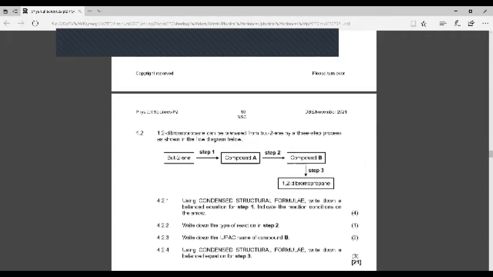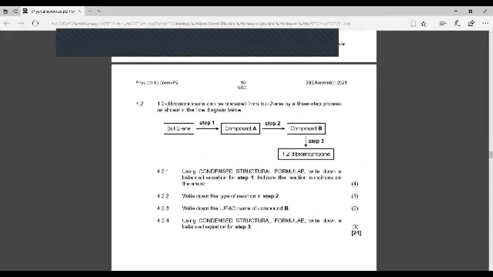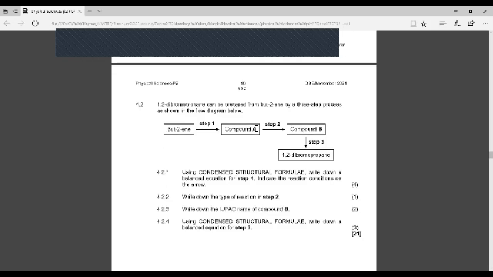Then you've got this one, butene, compound A, compound B, and whatnot. It can be prepared from butene by a three-step process. Using condensed formulas, write down the balanced equation for step 1, indicating the reaction condition with the arrow. They are trying to look for 1,2-dibromobutane. So here they're going to add hydrogen bromide, but with this butene you want to add hydrogen so that you can have your butane. Then you want to remove hydrogen so that you can have your butene again.